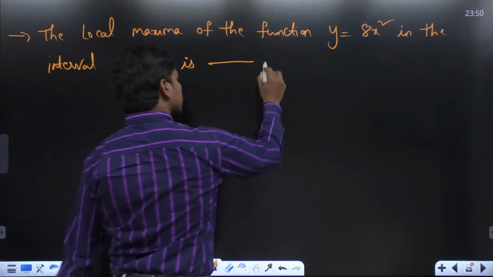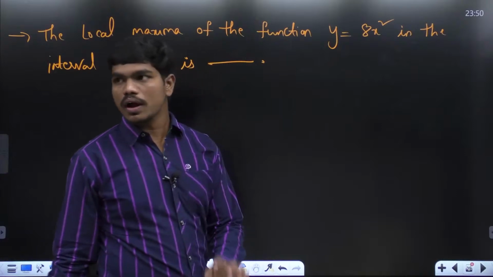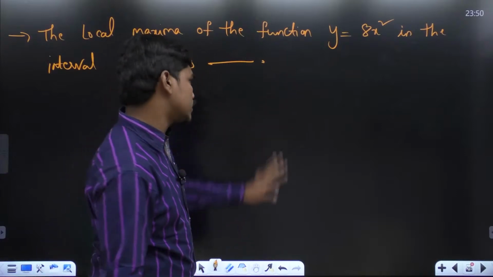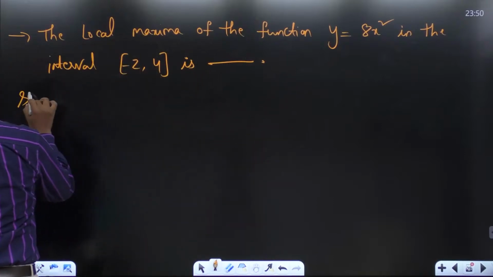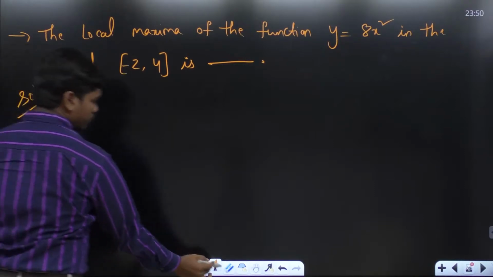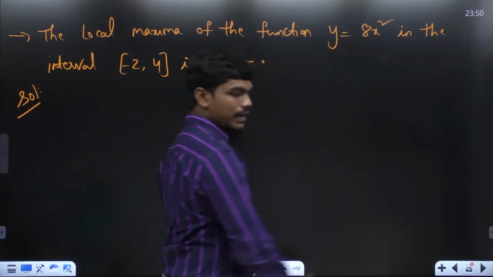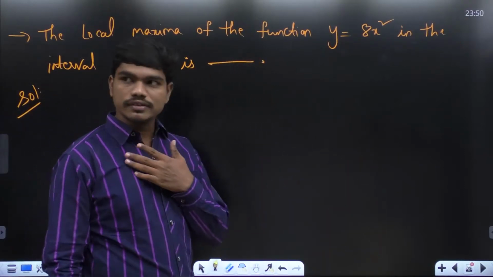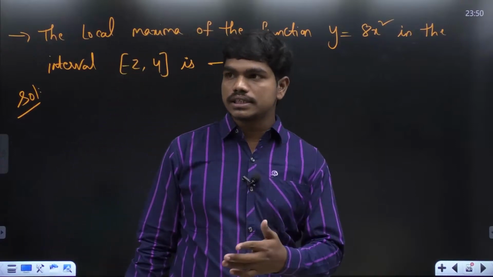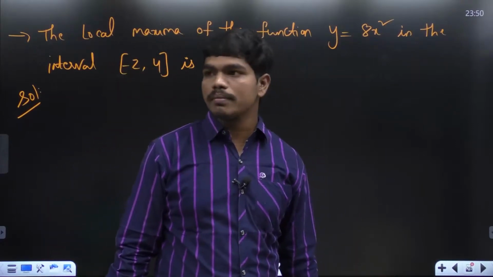Questions of this kind came in the GATE examination, so I'm telling you how to answer this kind of question. So see here, we'll learn the concept of global maxima, and of course whatever we are doing, finding the first derivative, then considering the second derivative test, and all these are global maxima and minima.